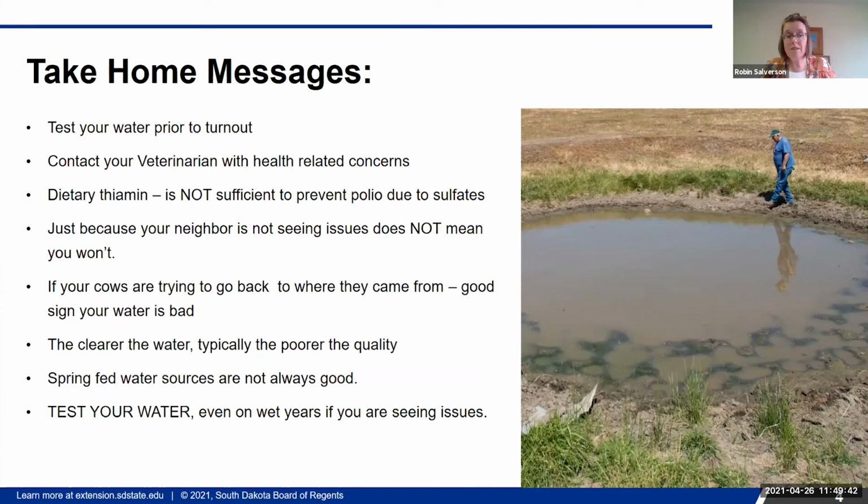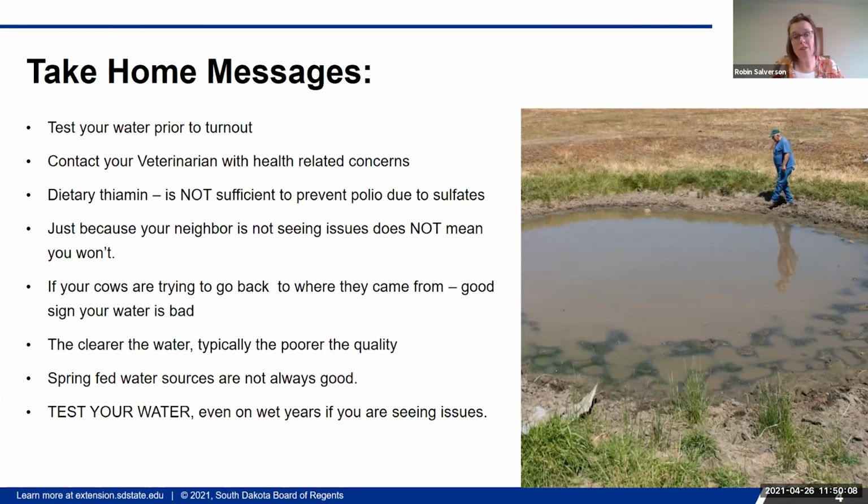So just because your neighbors are not seeing issues doesn't mean you won't see issues. And like I said, cattle will acclimate to the poor quality water, but you will also see those animals coming off in the fall of the year lighter, especially your weaning weights. So again, just because your neighbor is not seeing it doesn't mean you won't.